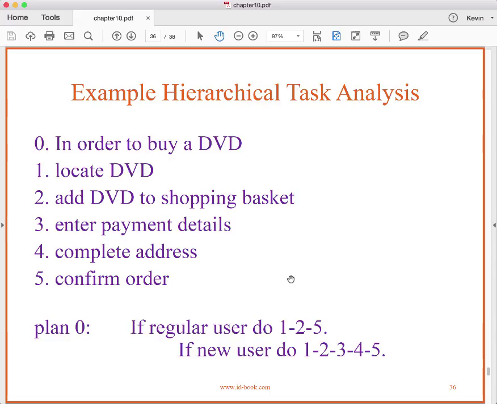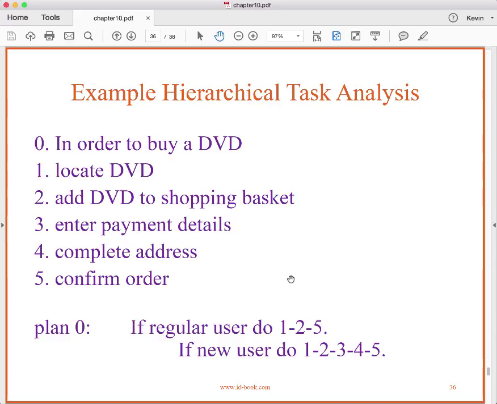And then we have these plans. So these plans are how we would go through the task breakdown in order to get the job done. So if you're a user who's been to the site before, you do 1, 2, and 5. If you're a new user, you do 1, 2, 3, 4, 5 because you don't have the payment details or the address.